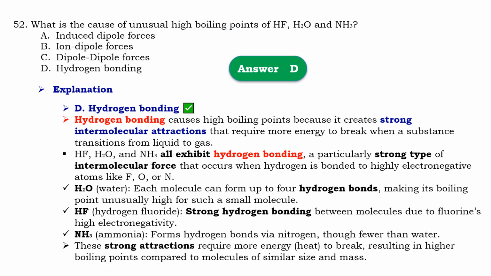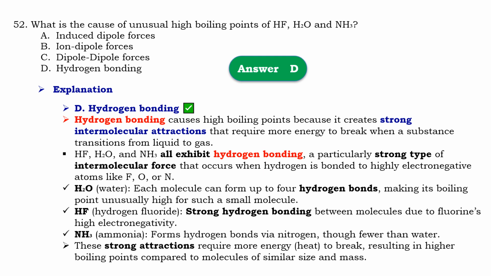Hydrogen bonding causes high boiling points because it creates strong intermolecular interactions that require more energy to break when a substance transitions from liquid to gas. So hydrogen fluoride, water, and ammonia all exhibit hydrogen bonding, a particularly strong type of intermolecular force that occurs when hydrogen is bonded to highly electronegative atoms like fluorine, oxygen, and nitrogen.